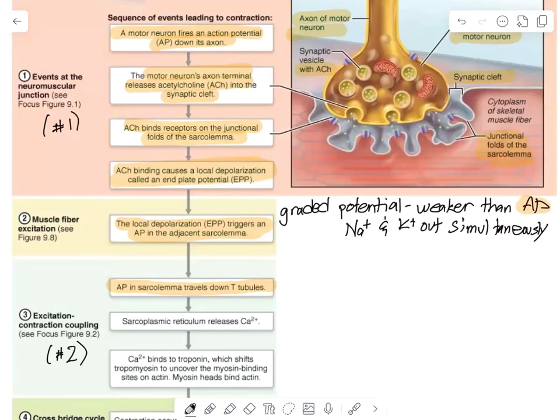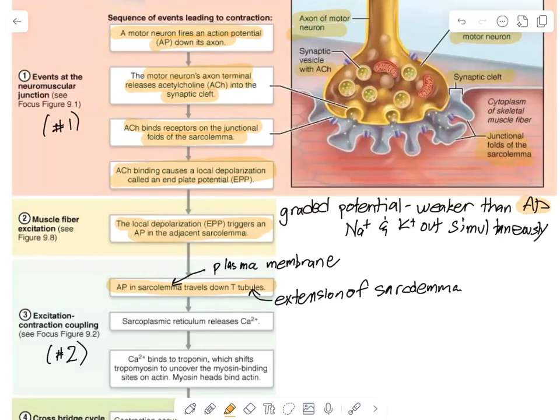And remember that the sarcolemma is a plasma membrane because it can conduct an action potential. And it extends into the T tubules, which are an extension of the sarcolemma. So it essentially is a plasma membrane as well. So we have this action potential continuing down into the T tubules.